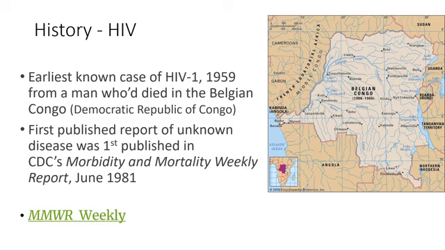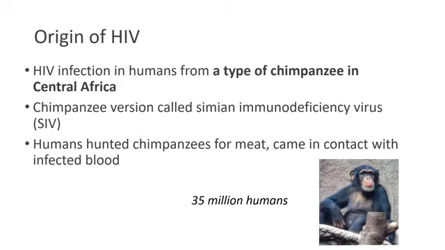So you too can check this if you want, just bookmark that site down there in green, MMWR Weekly, and you can track how many cases there are in the United States each week of influenza, measles, mumps, rabies, HIV, all of those kinds of things.